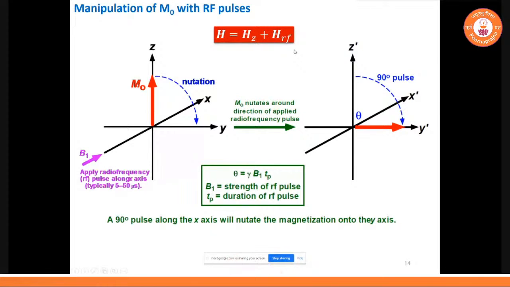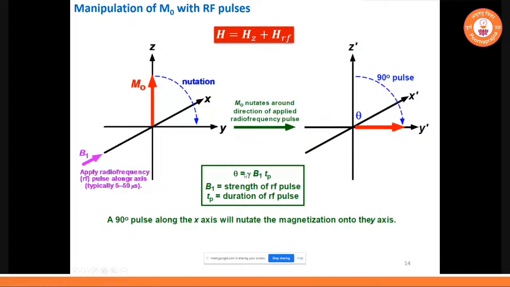Your quantum mechanics perturbation theory comes into the picture. If you write an energy expression for this system, that's represented as a Hamiltonian. So we have the Zeeman Hamiltonian where spin interacts with the magnetic field, and we perturb the system by applying a small RF field. So now we can manipulate the spins by applying a certain RF.